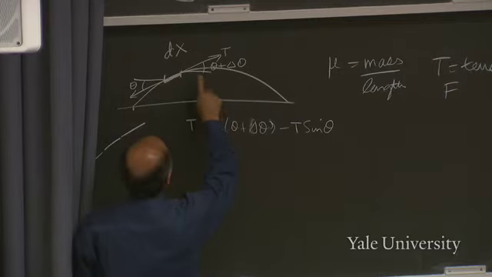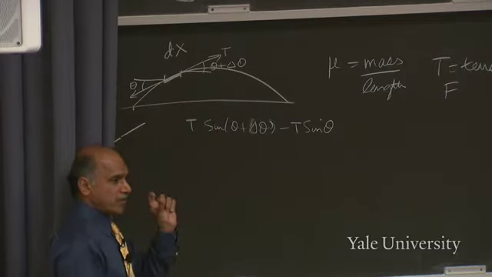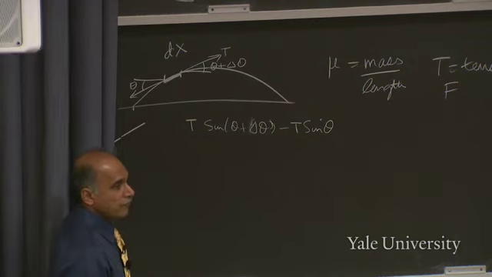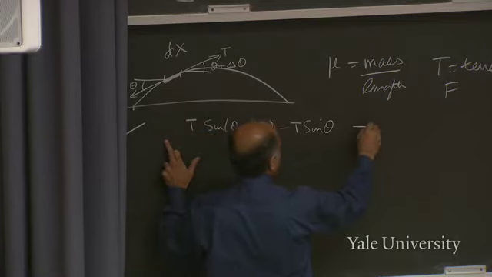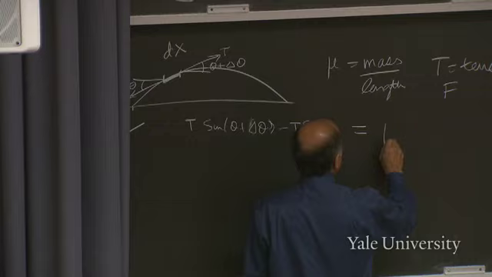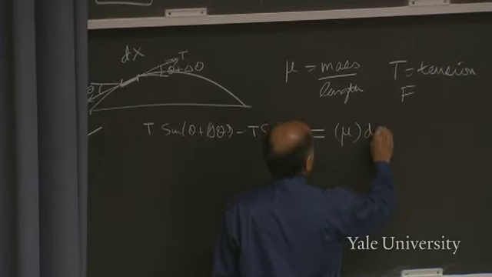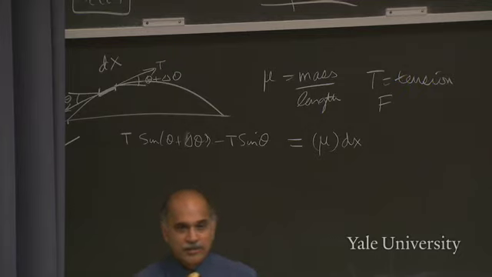Theta is the angle made by the string from the horizontal, and that angle itself is changing over this tiny length. Next approximation, that's the force. That's going to be mass times acceleration. Mass of this little segment is the mass per unit length times the length of this segment. Now, what is the acceleration in the language of calculus? What is the acceleration here?